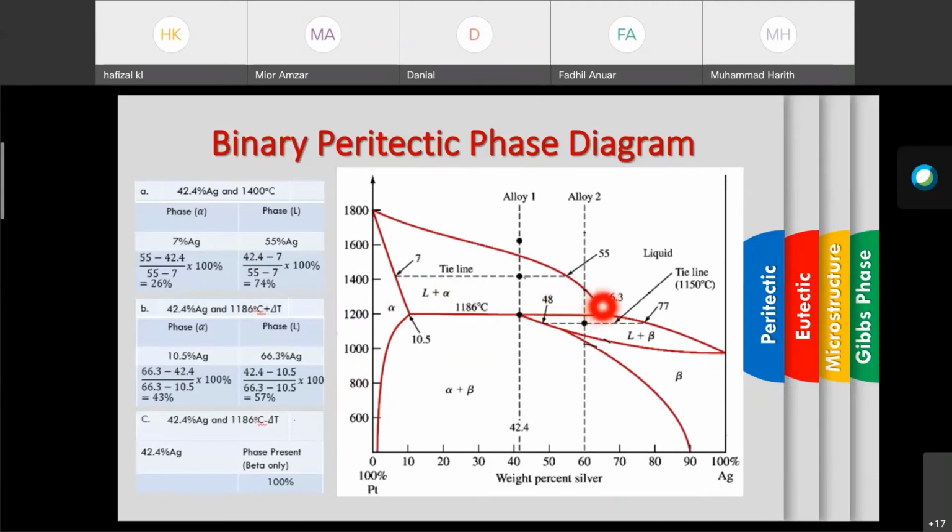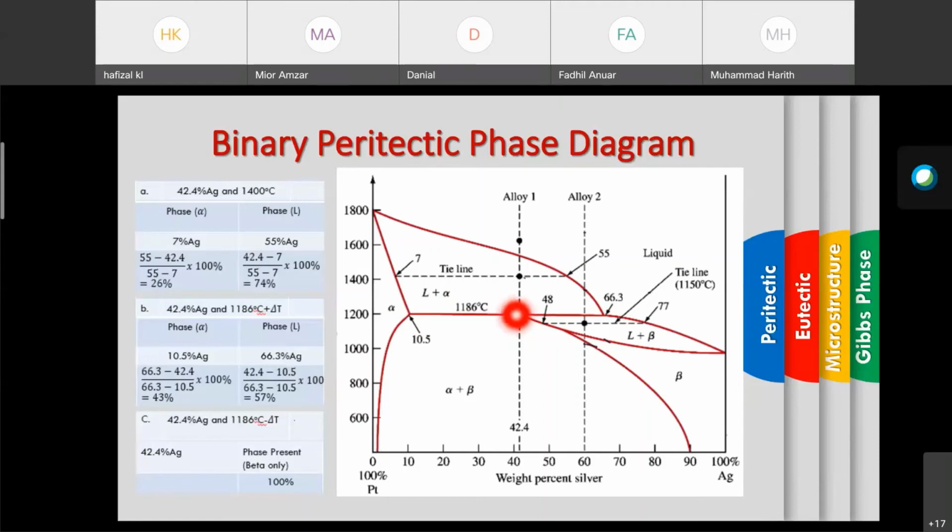We make a calculation using the lever rule to get the percentage. And what happened when the line is below 1186? Maybe 1185.5, we make a tie line to project and we hit this point 10.5 and also this point 42.4. From there we can get the value of percentage.